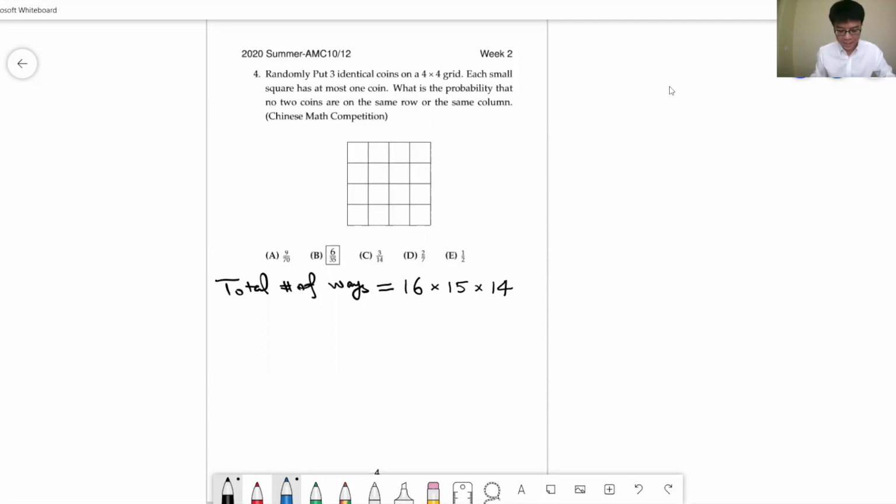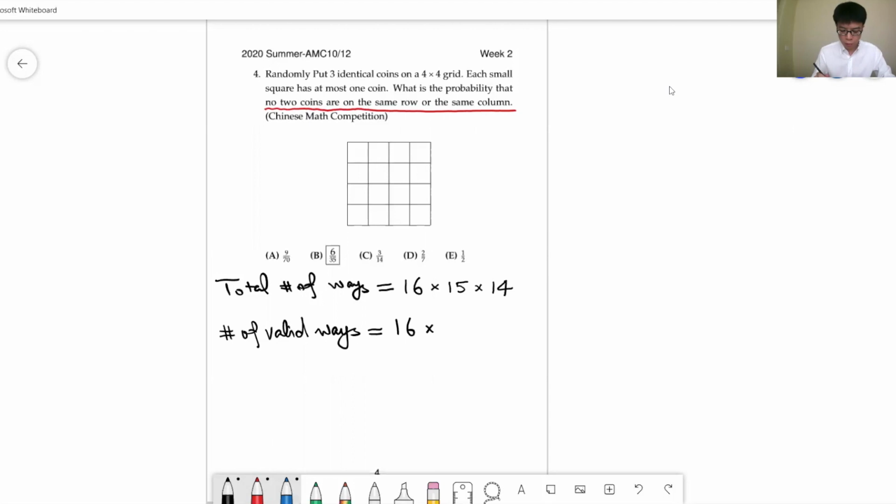Okay, next, let's try to find the number of valid ways to put these three coins. So same, for the first coin, we can put on any square. So there are 16 choices. But now we consider the requirement: no two coins are on the same row or same column.